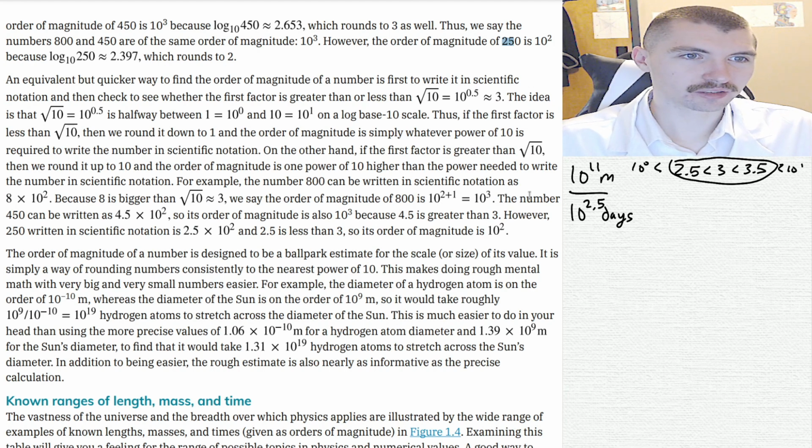An equivalent but quicker way to find the order of magnitude is to first write it in scientific notation, where the first factor is greater than or equal to 3. First factor is less than 3. We round down to 1.